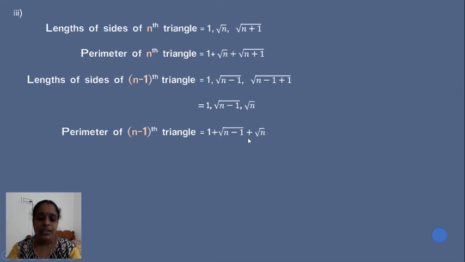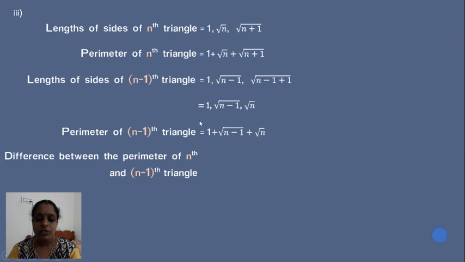So here we find the difference of these two perimeters. That is the difference between the perimeter of nth and n minus 1th triangle. That is equal to the perimeter of nth triangle, 1 plus root n plus root n plus 1, minus the perimeter of n minus 1th triangle, that is 1 plus root n minus 1 plus root n.